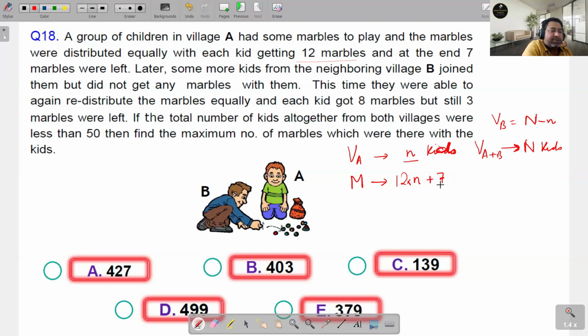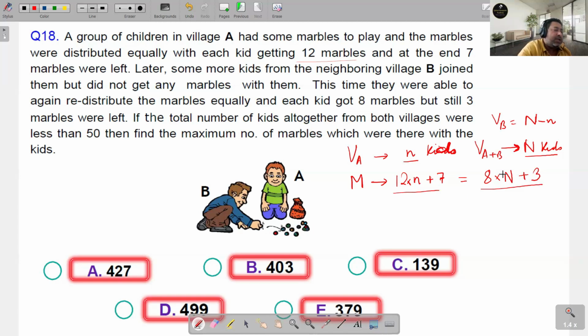And then there were 7 marbles left in the end as spare. The total number of marbles will be this. Now, village B, when the kids came in, the marbles did not change because they did not bring any marbles, right? But now the total number of kids is N, and each kid got 8 marbles. So 8 times capital N, plus 3. So these two will be equal, right?